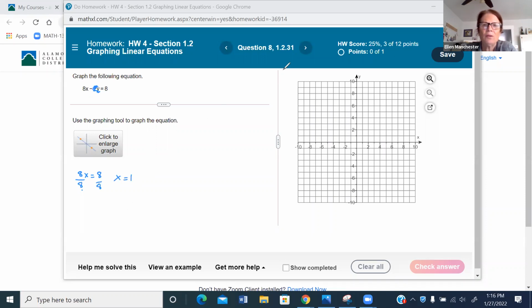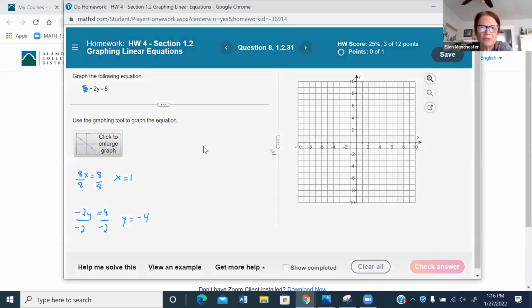There's my x-intercept. Now I'm going to cover up the other term, and I end up with -2y equals 8. Don't forget your sign. The signs are important. So I'm going to divide both sides by -2, and I get y equals -4. So there are my two intercepts.